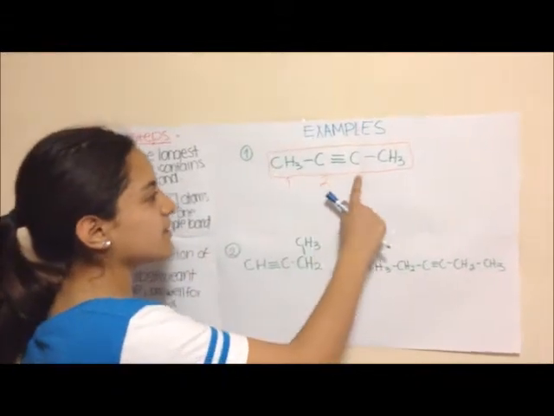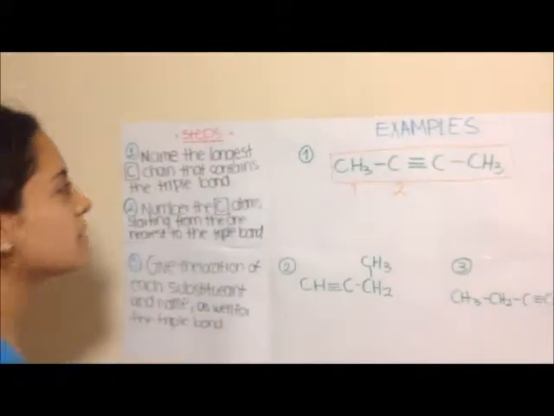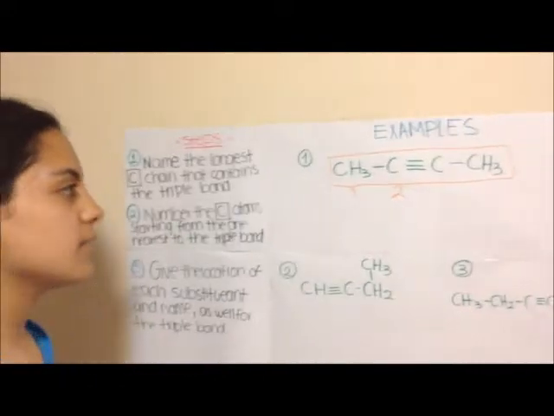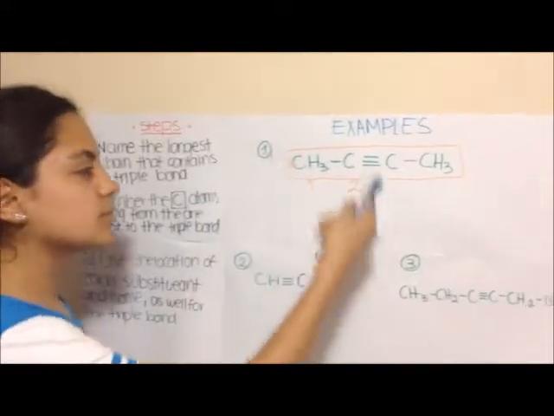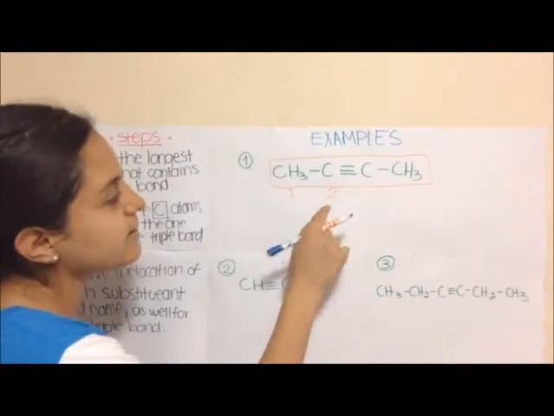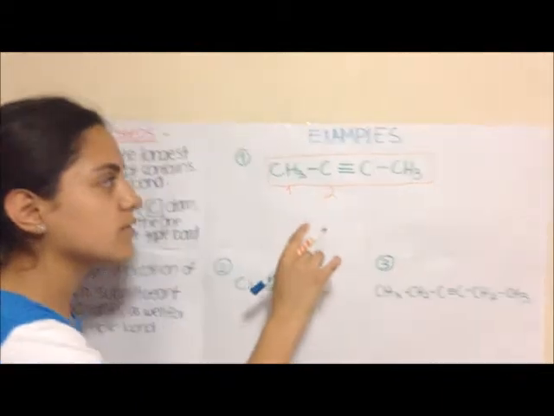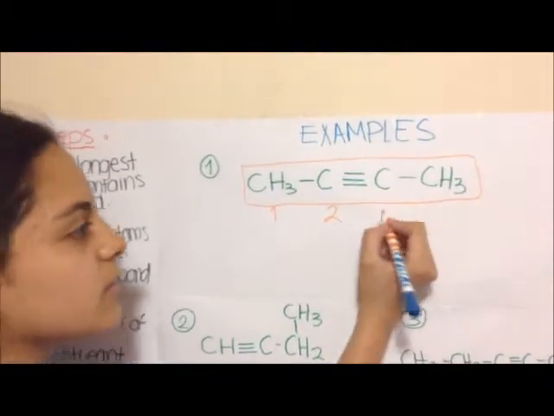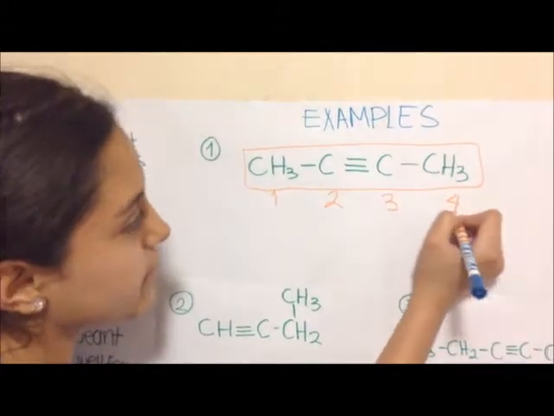Here I located the longest chain of carbon atoms, that is called the main chain, and now you have to number in order starting from the one that is nearest to the triple bond. In this case it doesn't matter because there are only 4. So this is number 1, the second, the third, and the fourth.